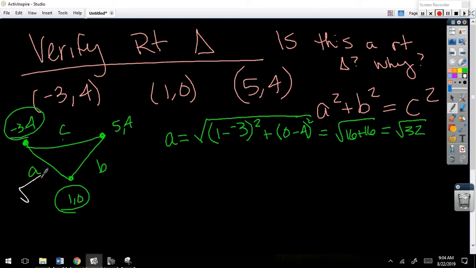How about B? Let's do length B. So now I'm looking at 1, 0, and 5, 4. See why it's easier if you have a picture there to look at? Subtract the x's.